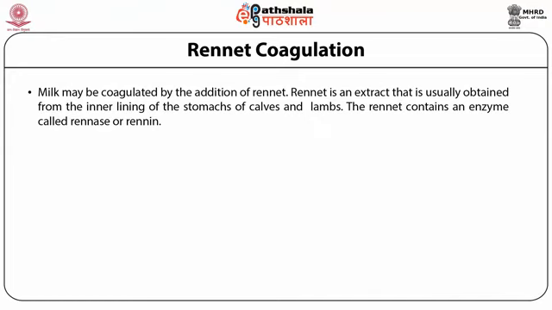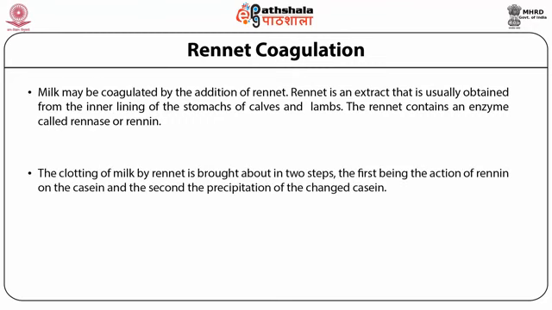As we know, rennin is a milk hydrolytic enzyme which hydrolyzes milk proteins, and this hydrolysis brings about denaturation of milk protein and its resultant precipitation.